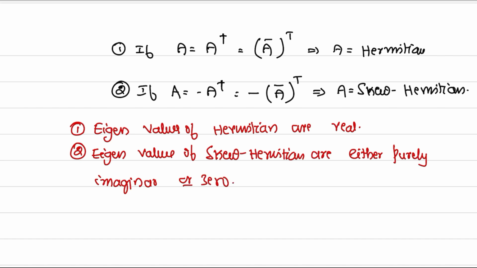This is the homework for you. Please prove these two theorems. I have given you examples of a Hermitian matrix. Find the eigenvalues of that. I have given an example of a skew-Hermitian matrix. Find the eigenvalues of it and see whether, for a Hermitian matrix, the eigenvalues are real or not, and whether the eigenvalues of a skew-Hermitian matrix are imaginary or 0.